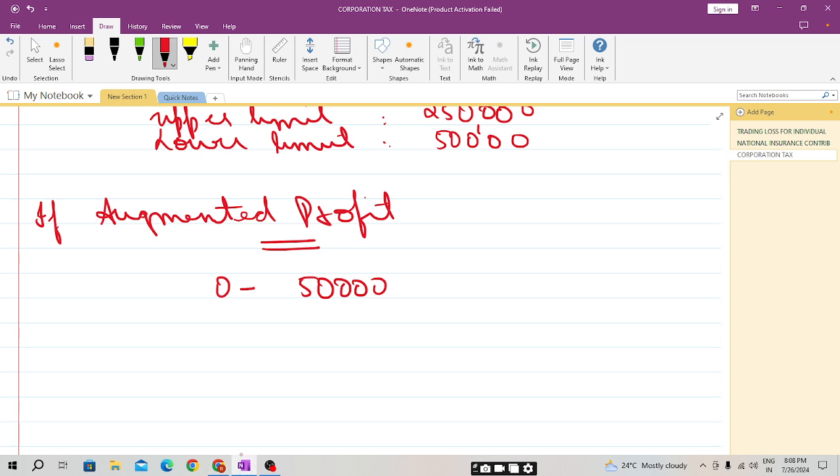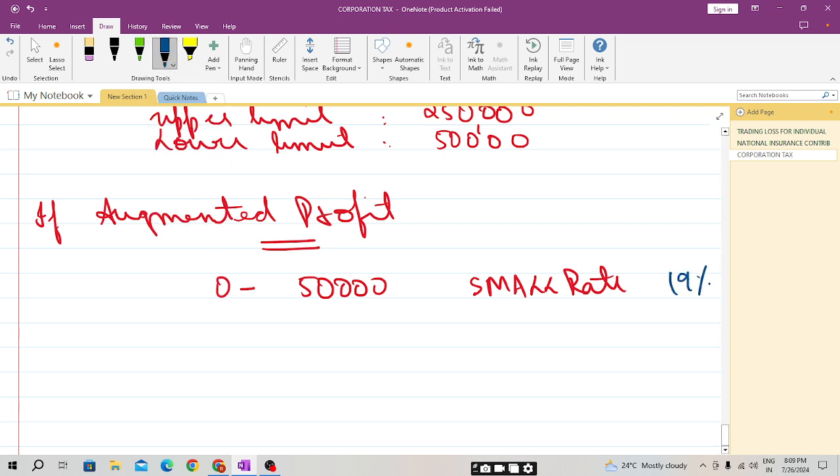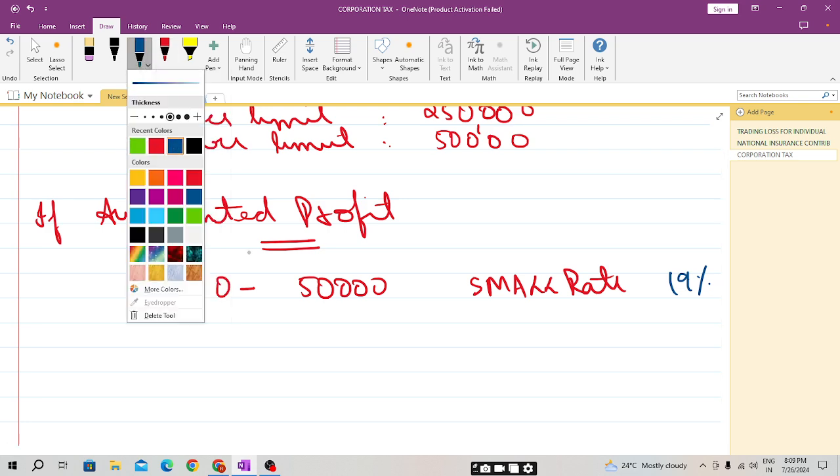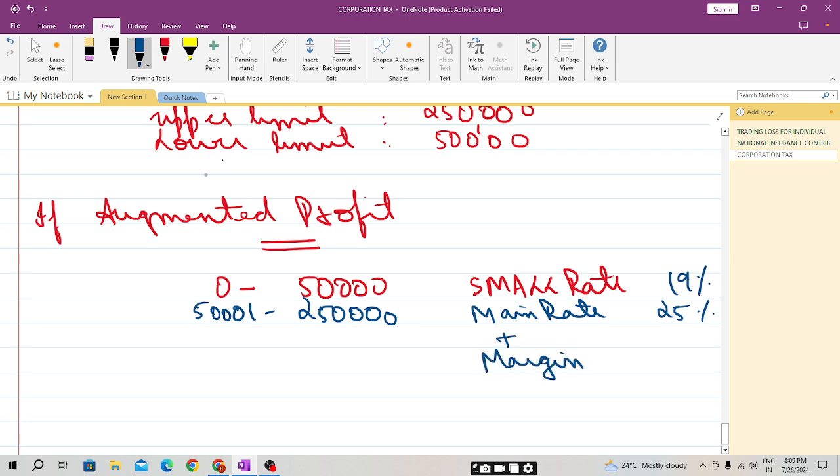So, students, if 0 to 50,000, then small rate, that is 19%. If augmented profits are between 50,000 and 250,000, it will be paid at the main rate of 25% plus marginal relief will be available.